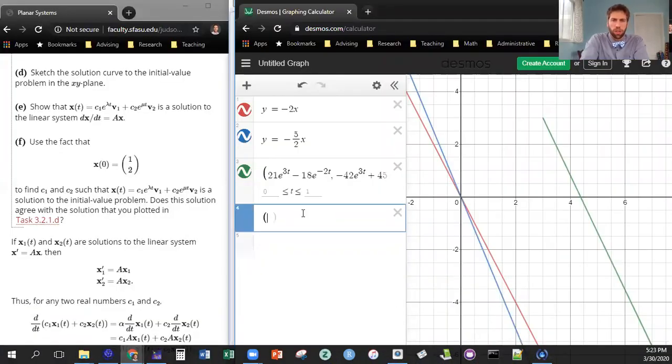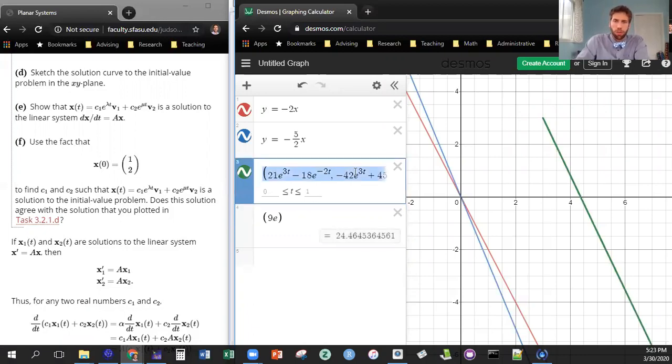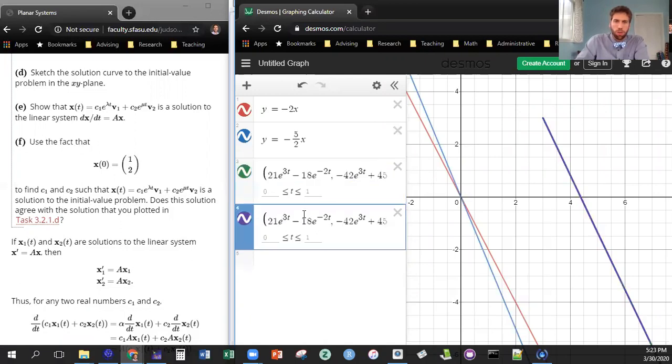So then do, let's see. Instead of 21, we're doing 9. So we'll just take these numbers. So negative 2 times 9 is negative 18.